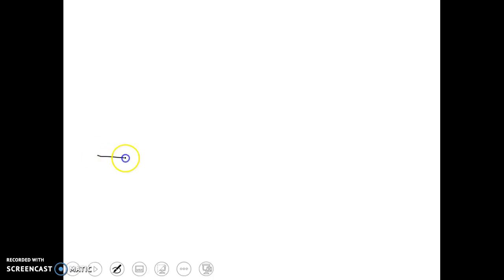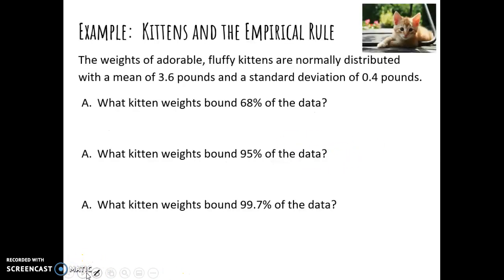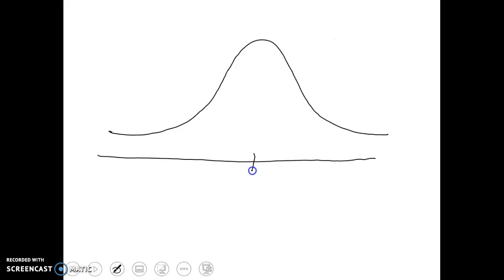Okay, so let's go ahead and draw out the normal curve. The mean weight was 3.6 with a standard deviation of 0.4, so 3.6 is in the middle. Then we are going to add one standard deviation above the mean, so plus 0.4, and you're going to get 4.